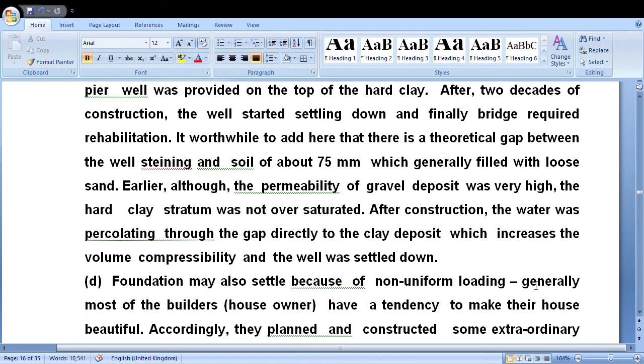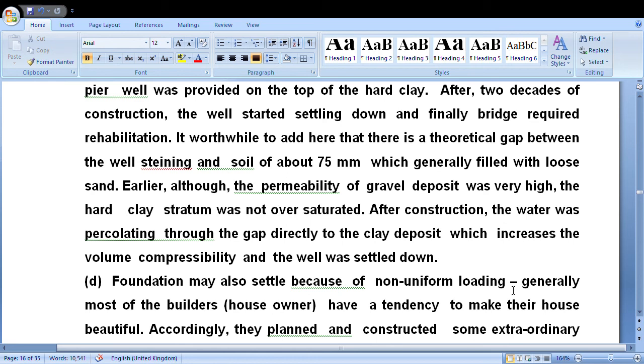There are some structures that are heavily loaded and some structures that are nominally loaded. There will be some settlement. And if we assume that the settlement is uniform according to the loaded pattern, that means unit area basis settlement is uniform, then in one member the size shall be very small because of this uniform loading, and one foundation member shall be quite big.